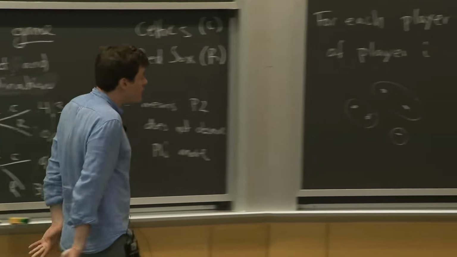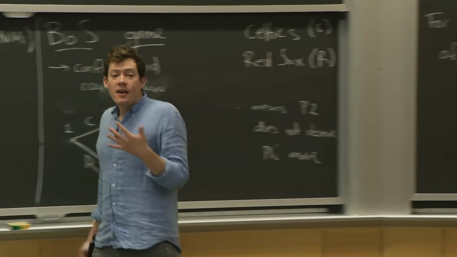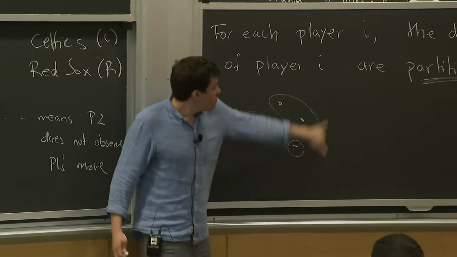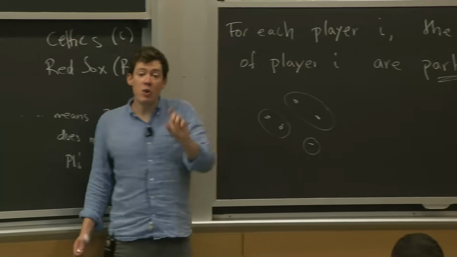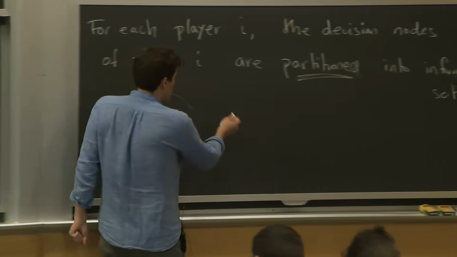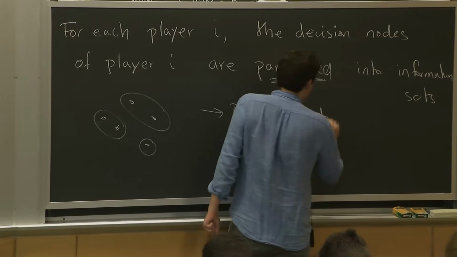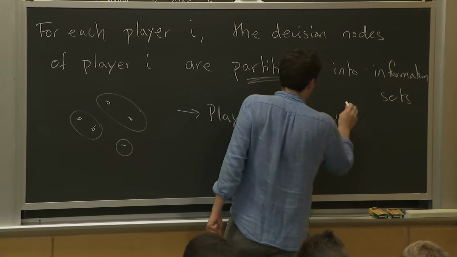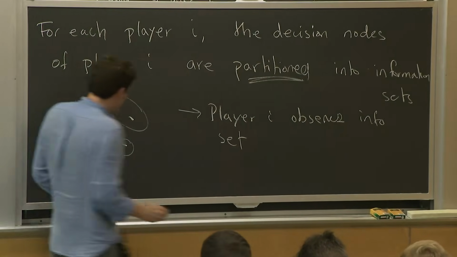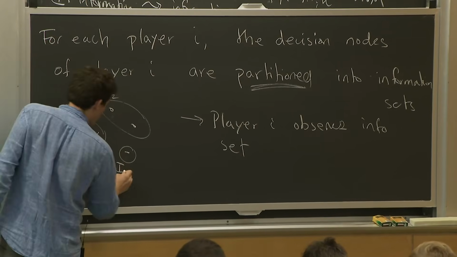What is the interpretation? The interpretation is that player I can only tell which group they're in, which information set they're in, but not which node they're in within that information set. So let me say that. Player I observes the information set. In this case, we have 3 information sets, maybe I1, I2, and I3.